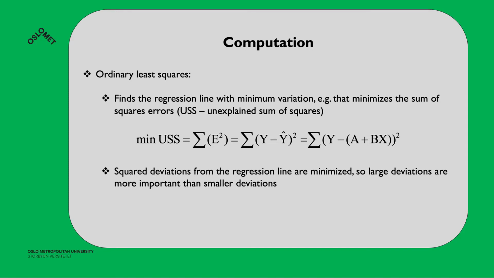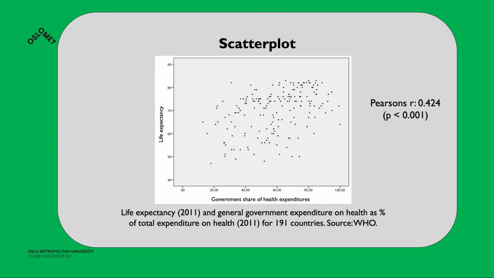And let's look at a more hands-on example. We have a scatter plot. This is a scatter plot between life expectancy in 2011 and the government's share of health expenditures for 191 countries, and we want to fit a line to this data, a line that fits the data in the best way possible, where the deviations between these points and the line are as small as possible.